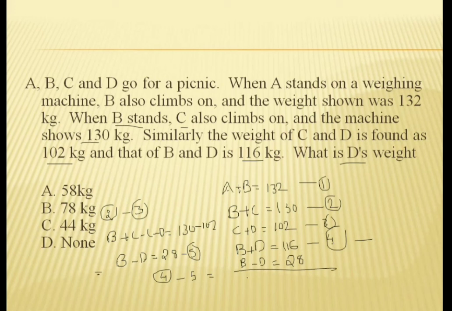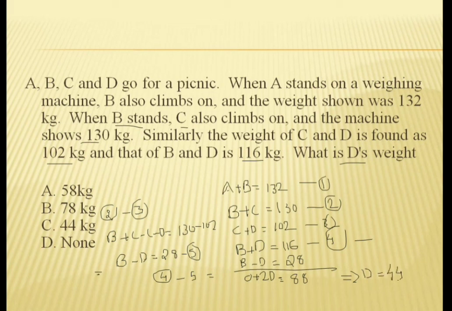When we subtract, we get 2D, that is D minus minus D is plus 2D, equal to 116 minus 28, which is 88. So 2D equal to 88, so D equal to 44, right?